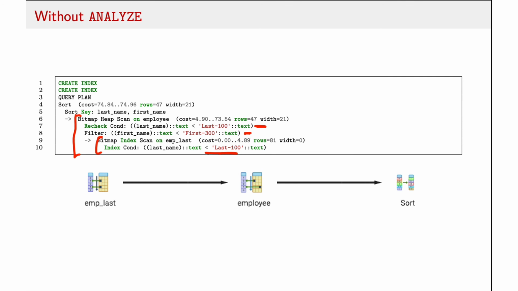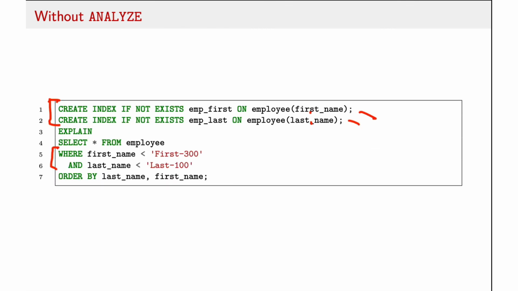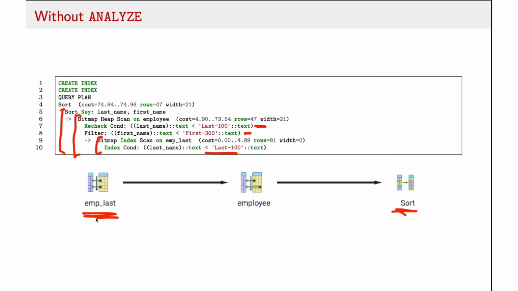And then that information can be passed along to the sort, which is where the result comes back. So again, select all of the rows that satisfy this where clause, those two conjuncts, and then an ordering operation. So we get the read of the index, the read of the table, and then the sort operation.